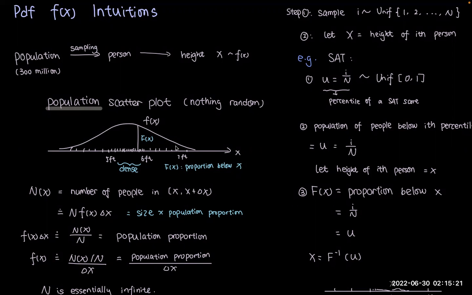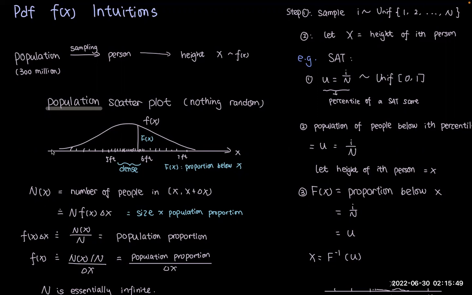If f of x is the density of this population, it means the number of people in this range is the total number N times f of x delta x. In other words, f of x delta x is the population proportion of the people in this range. Or more specifically, f of x is defined as the population proportion divided by delta x.